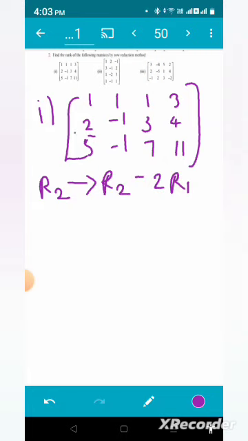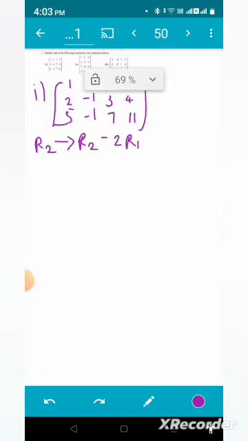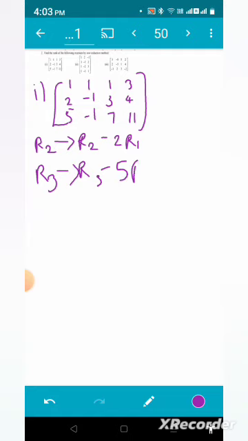So we get 0 here. That is the first step. Then second step, the R3 first number 5 is also converted into 0. So we create R3 gives R3 minus 5R1.